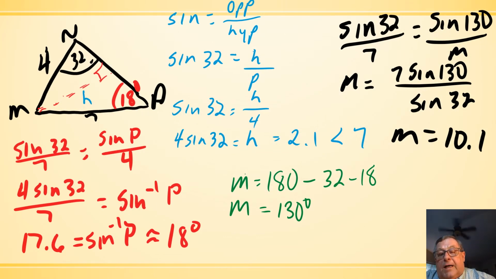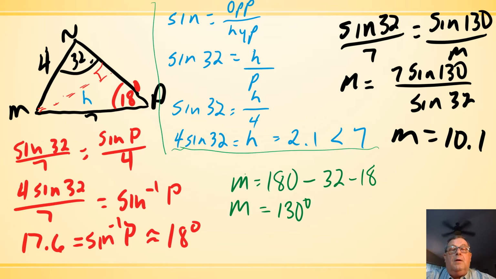So we're going to quickly check the height to make sure that the side we know is greater than the height of the triangle. We know the sine is opposite over hypotenuse. Here the height would be opposite, and 4, side P, would be the hypotenuse.